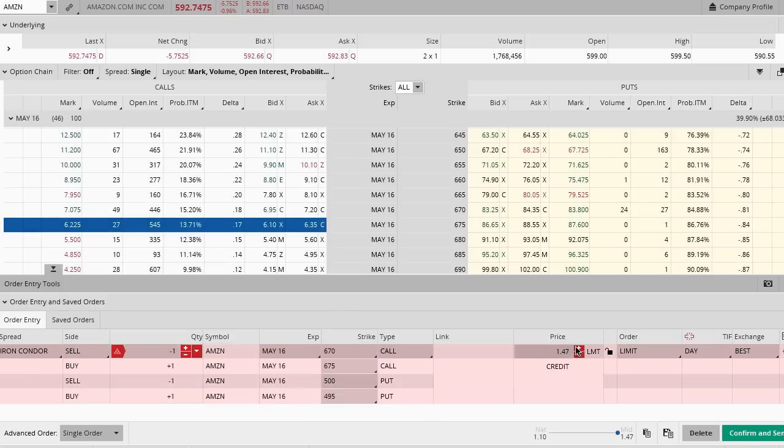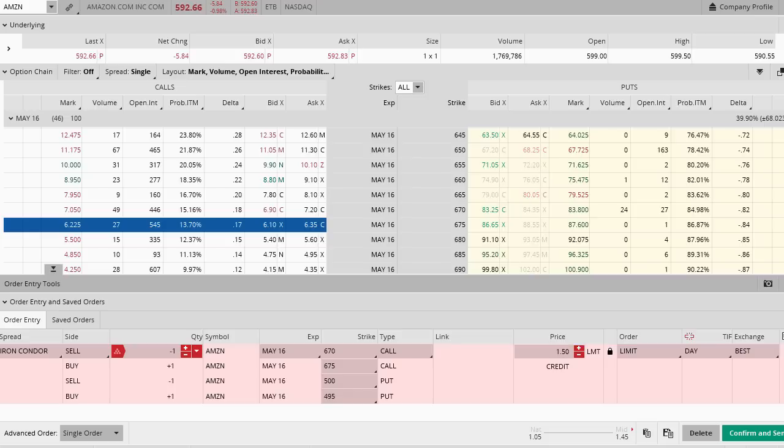So now we've created a nice balanced iron condor in Amazon. It's $5 wide on both sides. So that's the strike price width that we're looking at. Again, you don't have to add these up, because you can't lose on both sides at the same time. You can only lose on one side or another. So the $5 wide strike times the probability of losing on both sides, which is 30% overall. Remember, 15% probability of losing on each side.